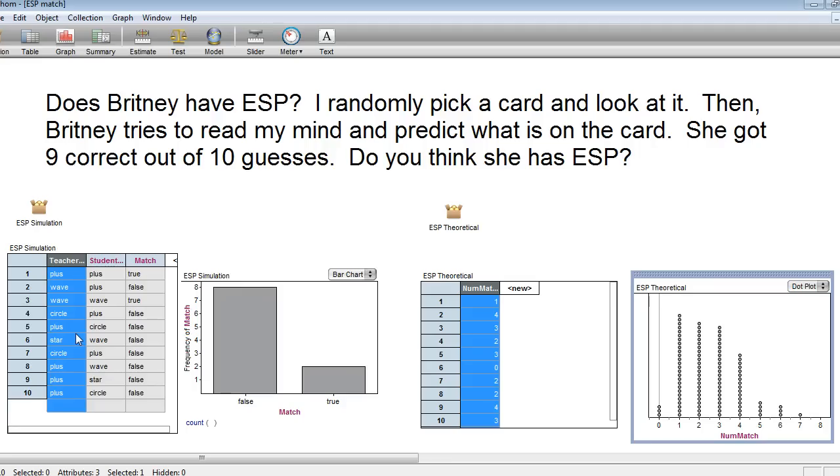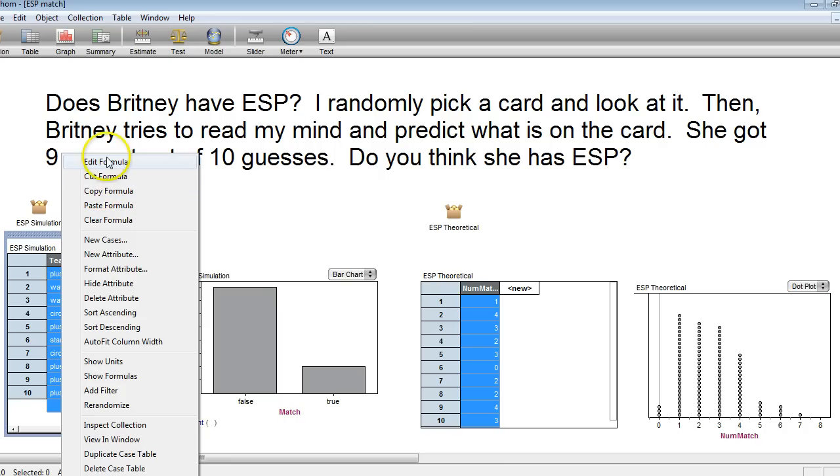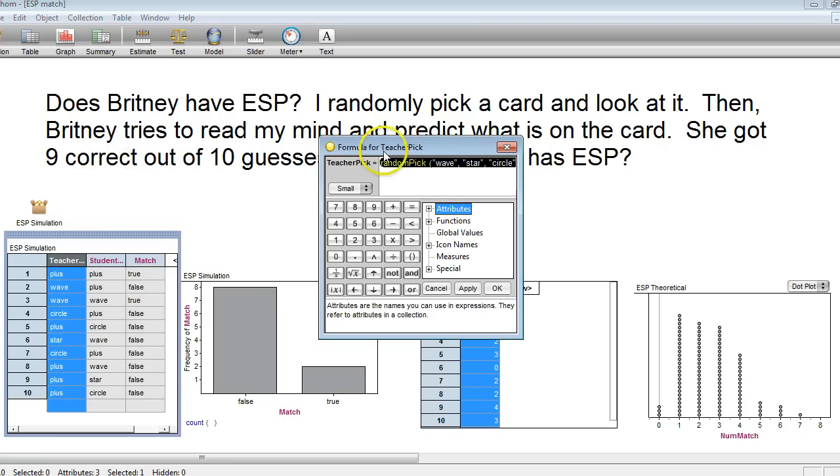So, before we calculate the theoretical probability using our calculators, I thought we would take a look at a simulation. Here we can see the 4 different types of cards that I would randomly pick, and the 4 different cards that Brittany might pick. The way this is being done with Fathom is a random pick.